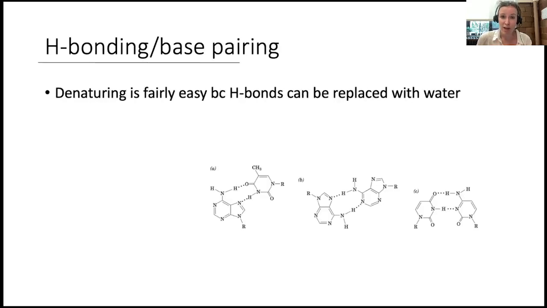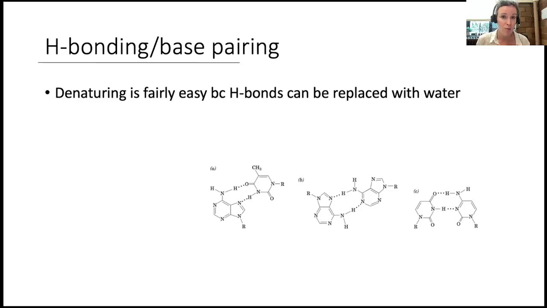So the first type of interaction that you already know about is hydrogen bonding. Now, of course, hydrogen bonding is occurring between the bases, right? But let's remember what we already know about hydrogen bonding.